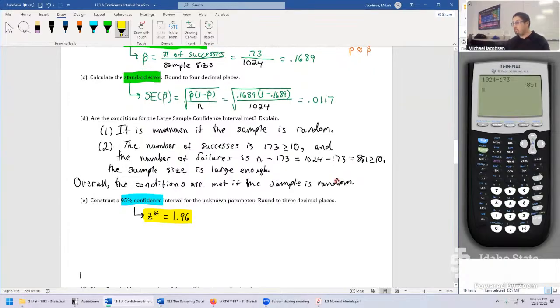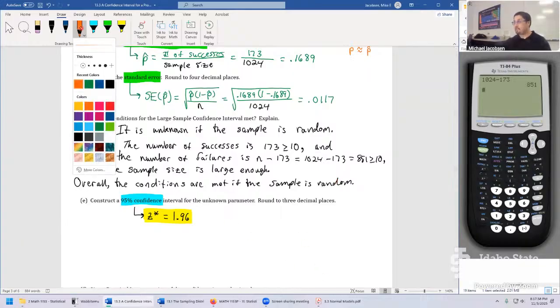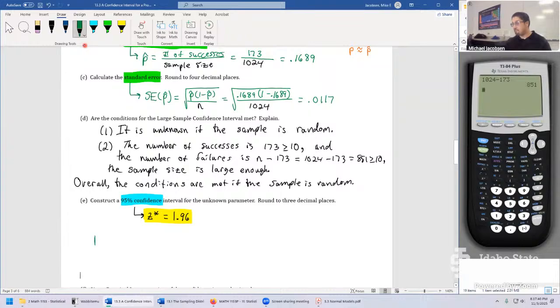But now that we have the critical number, next thing to do is just write down the full formula. It goes p-hat, add or subtract Z star, we already have that value, multiplied by the standard error of p-hat, we have that value as well. So now all we're doing at this stage is just making 3 big substitutions.